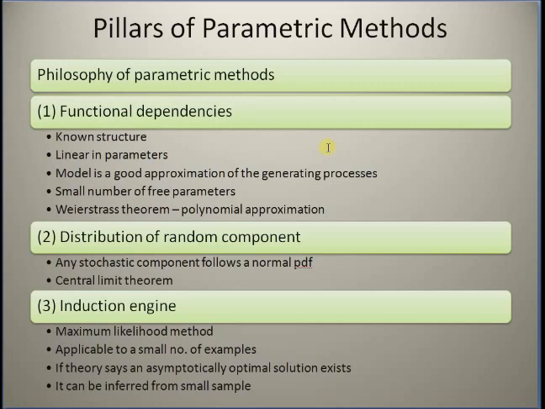The coefficients of a polynomial approximation are always linear. That is the main idea of the Weierstrass theorem. For example, a sinusoid function can be easily represented by using a third-degree polynomial for a short period.